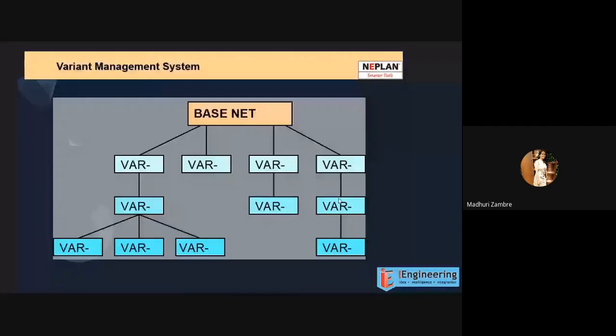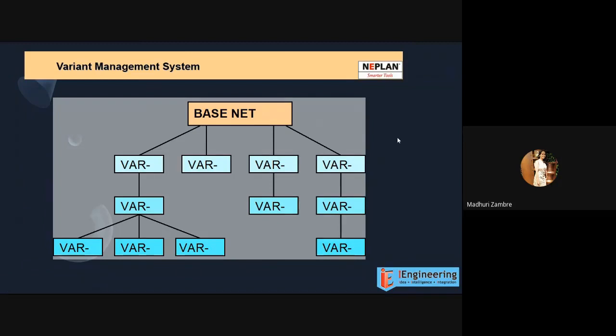Then the variant management system. This management system is segregated from a base network. It is divided into various variants, but there would be one base network, which is the basic one that we have to follow.